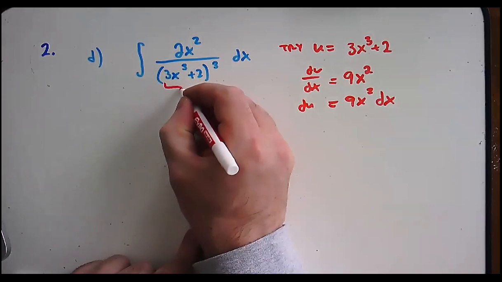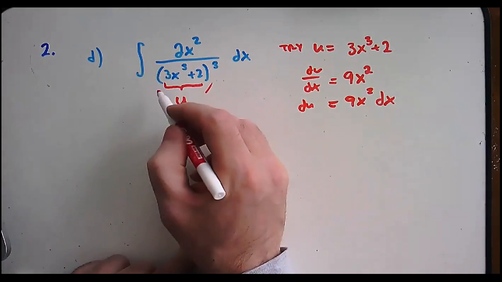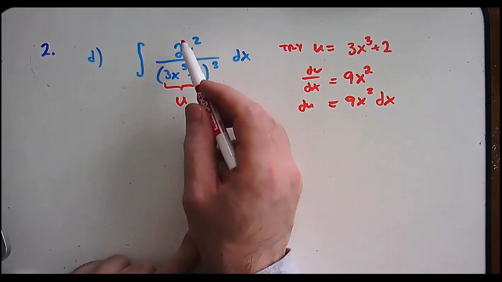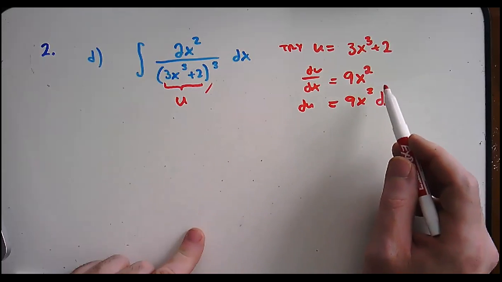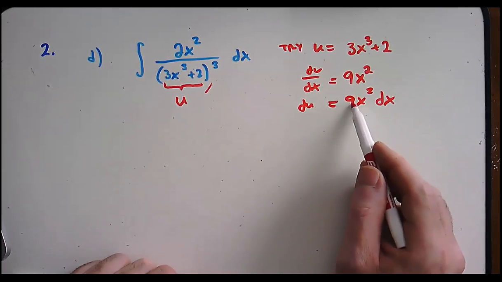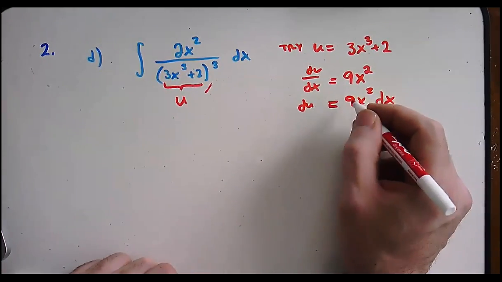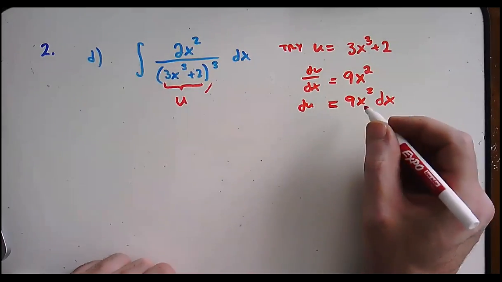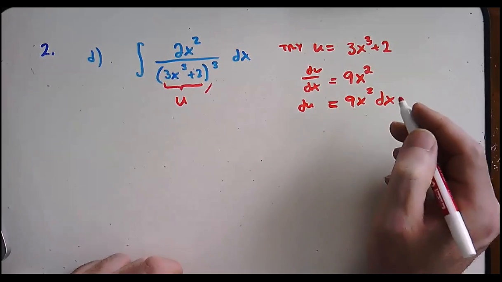Well, if I commit to that u substitution, I'd have a u cubed in the denominator. And up top, I have a 2x squared dx, which is almost what I have here. I have 9x squared dx. So let me see if I can adjust the coefficient here so that it matches the problem. So I want to turn a 9 into a 2. I can do that by dividing by 9 and then multiplying by 2. Right?